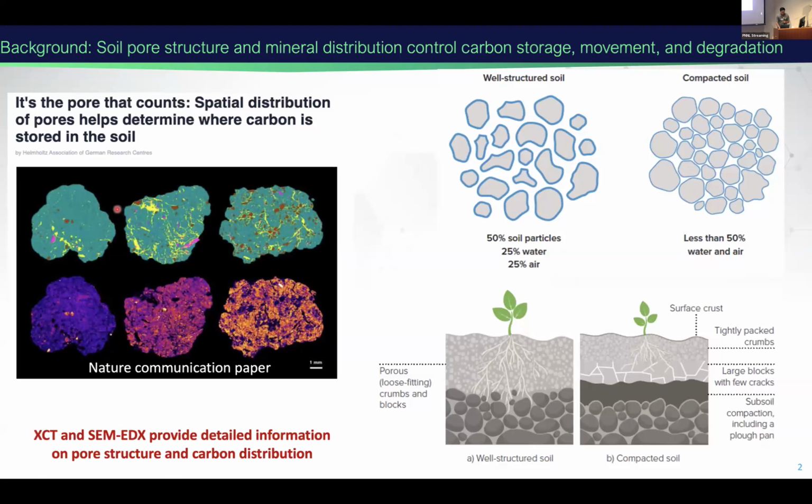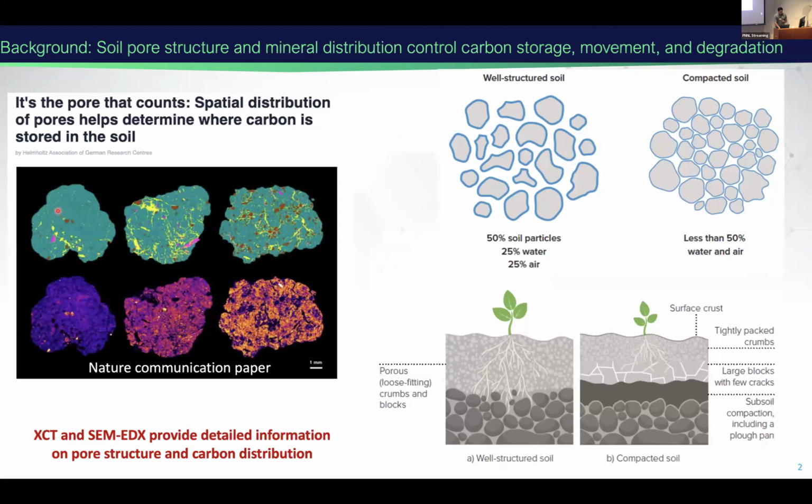As you can see from this figure, from a recent Nature Communications paper that is highly cited, XCT and SEM EDX datasets are used to understand the pore structure and the chemical information in the pores. The top figure, the green one, shows the soil matrix, the yellow color shows the soil pores, and the brown color is the soil grains.